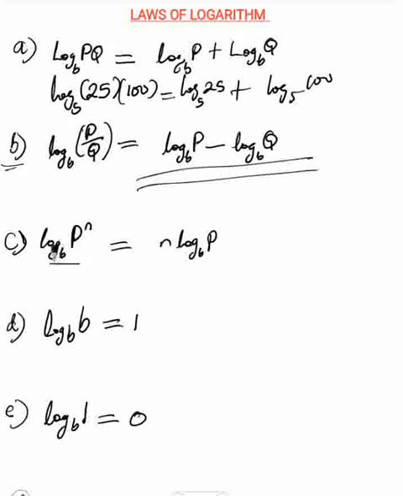Now, in the C part, that is the law C part, we have log of p raised to the power of n. That is, the number we're looking for has an index and base b. We can simply bring the index backward and multiply by the logarithm of that number.